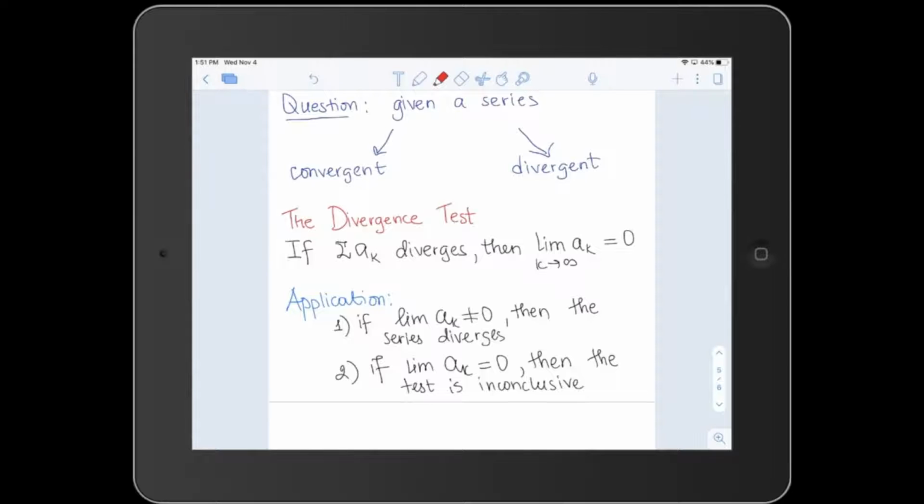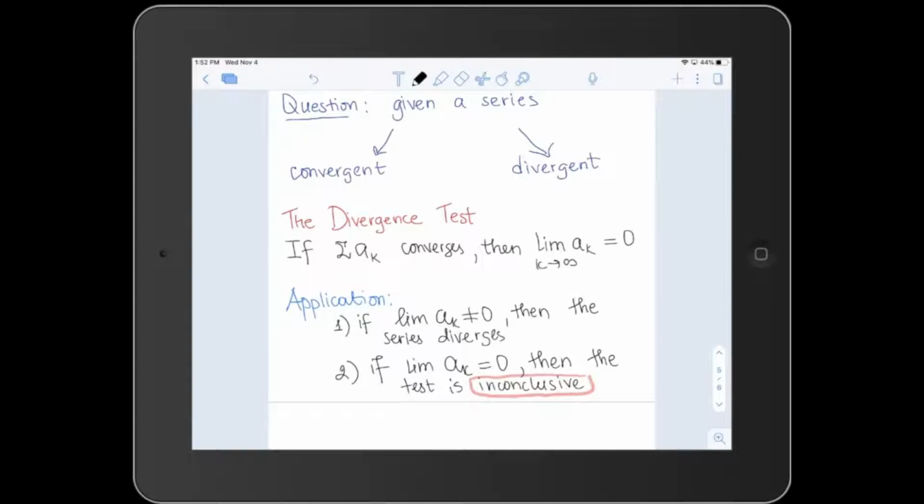Okay, so this is important. Whenever the limit is 0, we can't say anything about it. Oh, this should be converges actually. Sorry about that. If the series converges, then the limit is 0. So what are we doing here? We're applying the opposite. If this is false, then the first statement is also false.